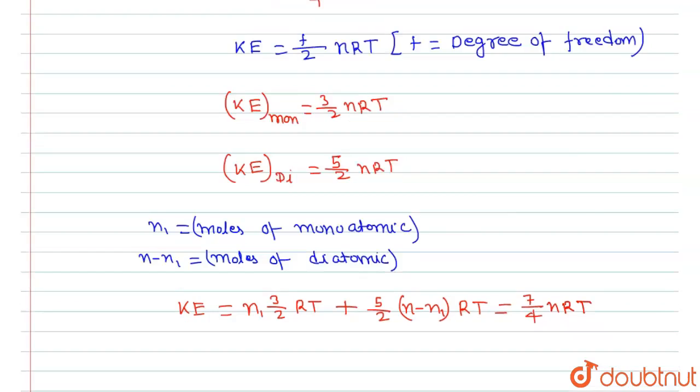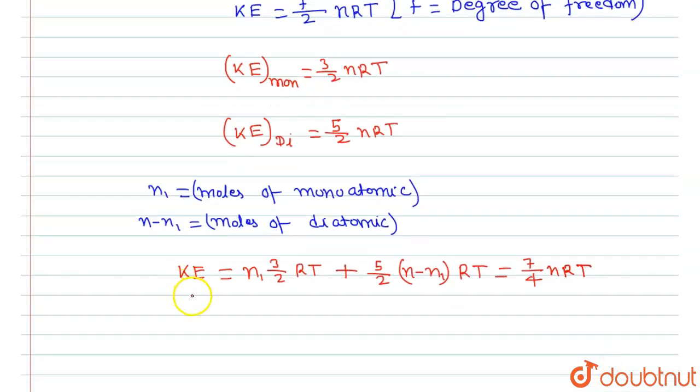Now RT cancels out, so we can write 3 by 2 n1 plus 5 by 2 n minus 5 by 2 n1 is equal to 7 by 4 n.